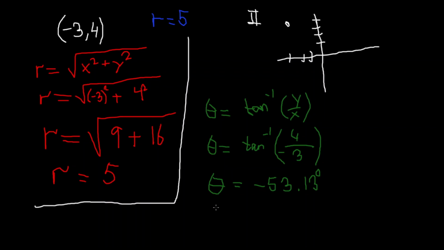But now notice this. Our theta is -53.13. If we see the graph here, if our theta is negative, this means it goes clockwise. So it will go somewhere right here.